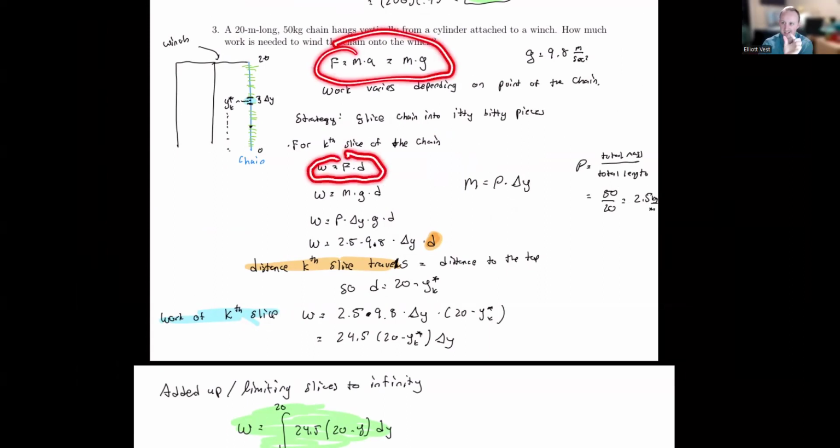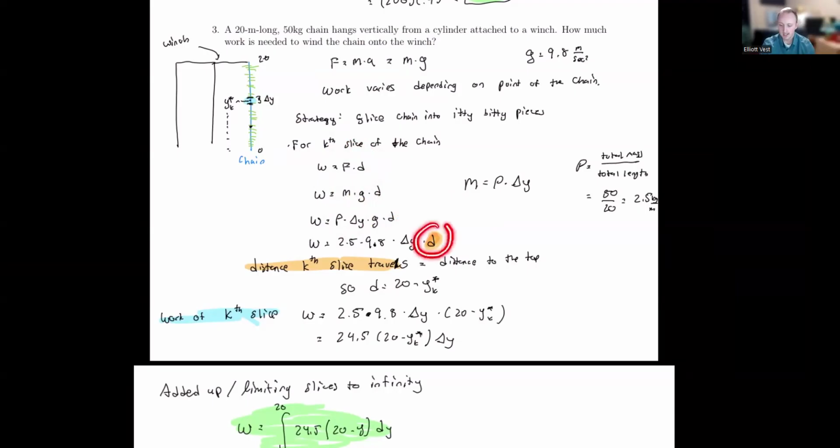So each slice has a constant force, which means we can use this formula. Combine the ma to mg because we're looking at gravity here. We expanded mass a little bit more as well. And we did this because we know the distance from the top of the winch to the slice we're looking at varies, which means we have to account for that in our formula in some way here. That is the ticket.